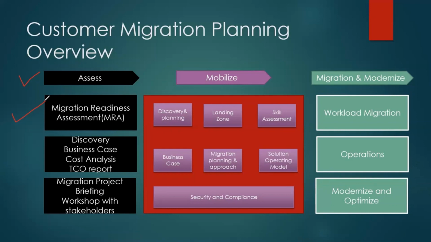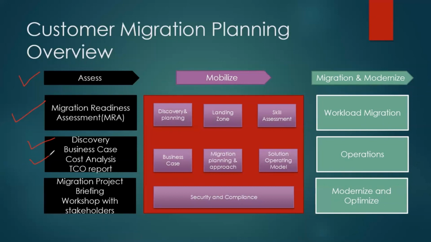After discovery of the environment, we create a business use case for the customer. In this business case, we will use the MPA tool, and in that we will get the cost analysis of the current infrastructure, the total cost of ownership. When we talk about on-premises infrastructure, there is a lot of cost; we cannot say we are paying for only one server.